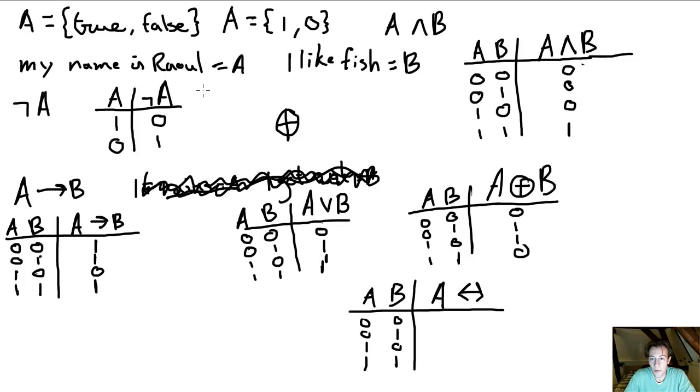So, if my name isn't Raoul, then I don't like fish either. So, my name isn't Raoul over here because it's false, and I don't seem to like fish over here. So, oh, sorry. Then this needs to be true.